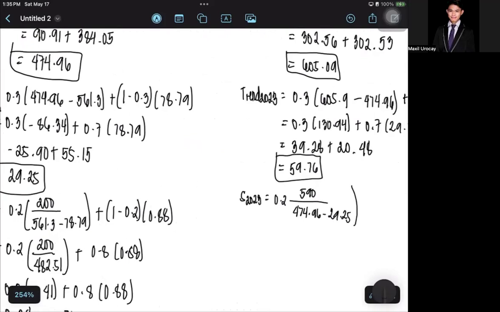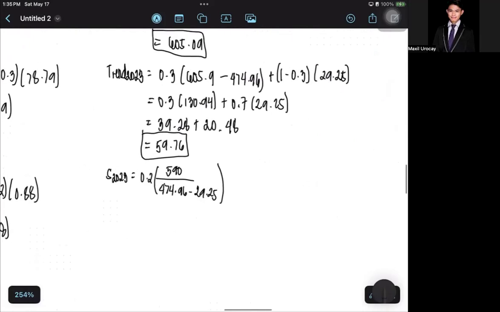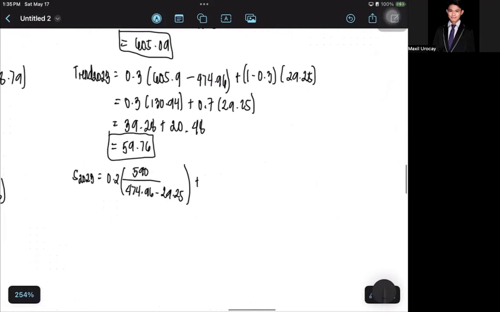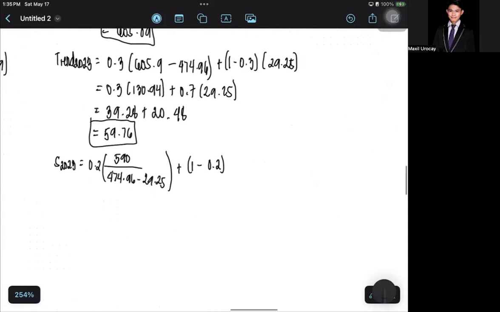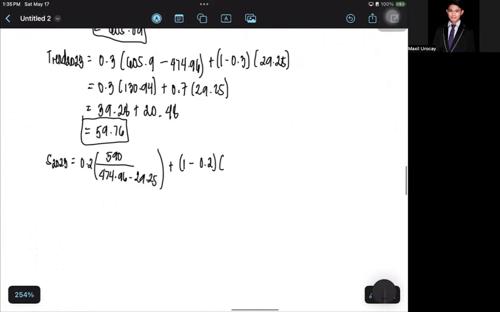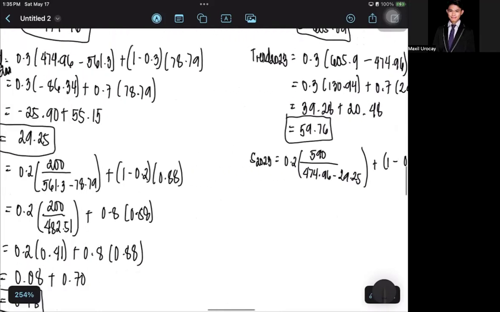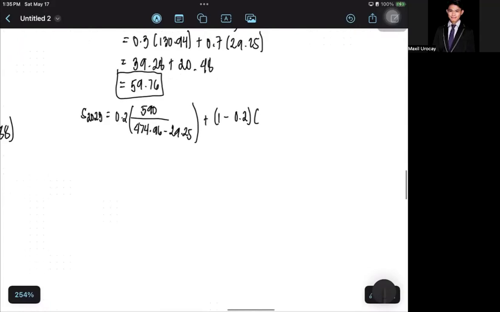And by the way, just make sure that you do not do it wrong, because once you have a mistake from the start, it will be wrong in the latter part as well. Afterwards, 1 minus the parameter 0.2, and then you will multiply that into the previous seasonality, which is 0.78.